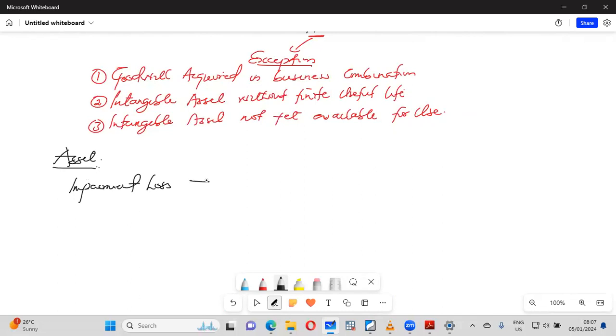So the impairment loss goes to the SPL. It goes to SPL, unless, and you remember those things in IAS 16, unless the loss reverses a revaluation gain in the OCI.